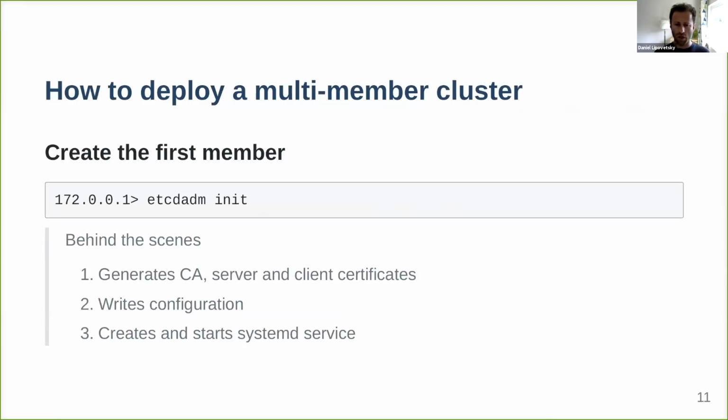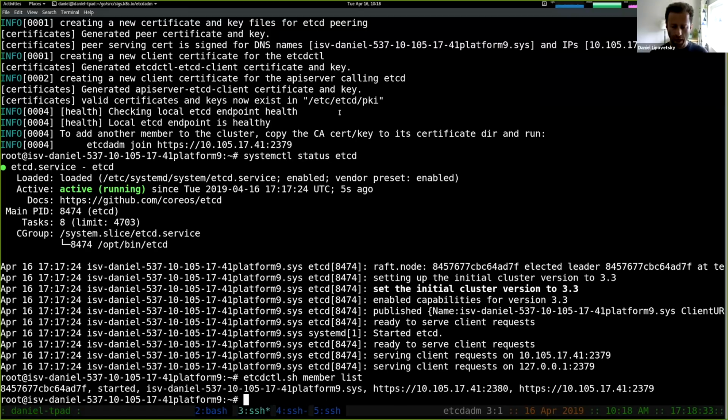And also client certificates are of course used by, for example, the Kubernetes API server to be able to talk to etcd. So etcdadm will generate those. It'll write configuration, and then it'll create and start the systemd service. So I've got a single member etcd cluster up and running with just a single command.